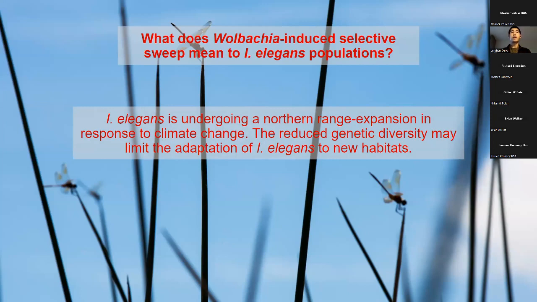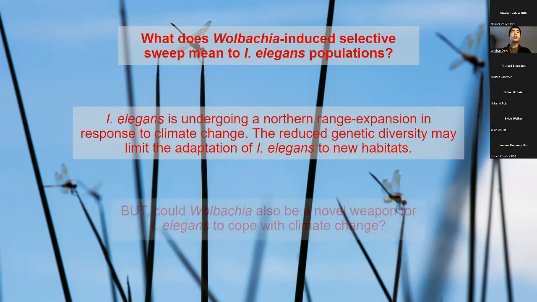And recently, I also checked a report from 2021 in Britain. It indicates that the population of Ischnura elegans is actually declining because of the loss of habitats and also pollution. So the low genetic diversity will probably make the survival of the population harder.